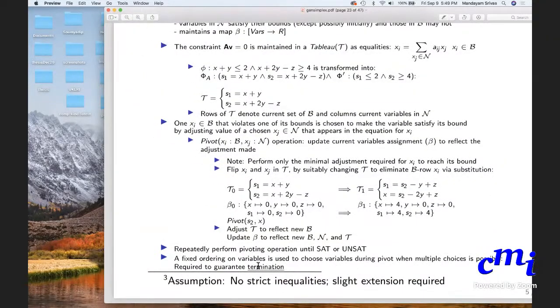And there is another thing: there is an ordering. At any particular step, when you do the pivot operation, there's a choice. You can have multiple variables that can be used. In this case, for example, you could have chosen X, Y, or Z from the non-basic set in order to adjust their value such that S2 was set to its lower bound.